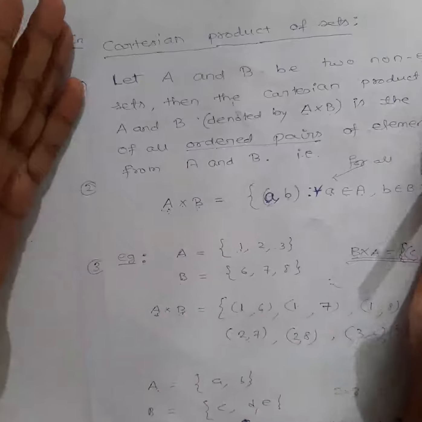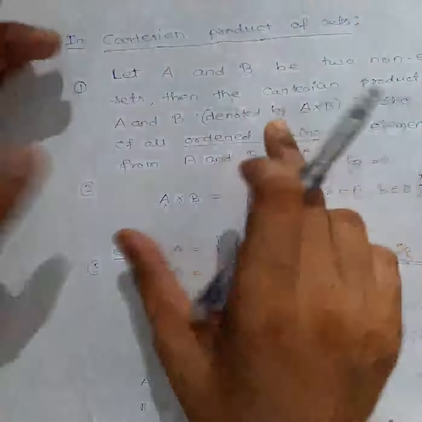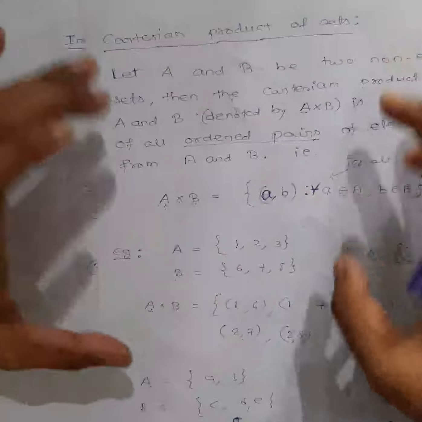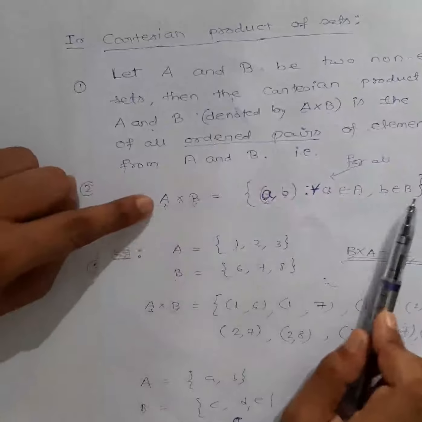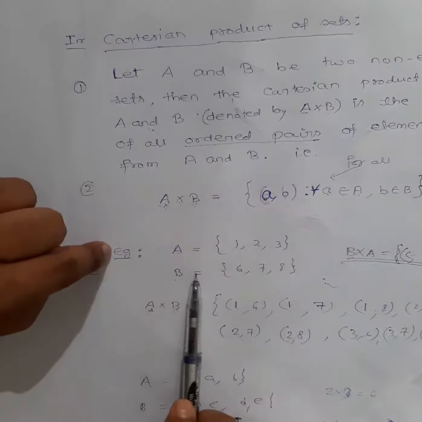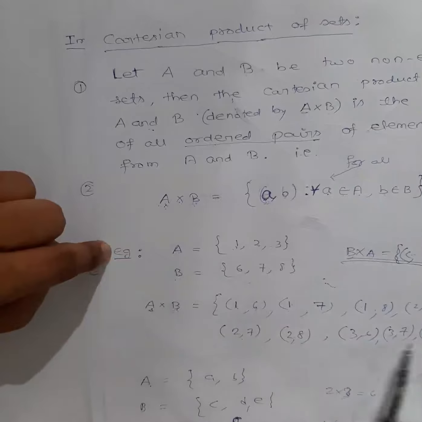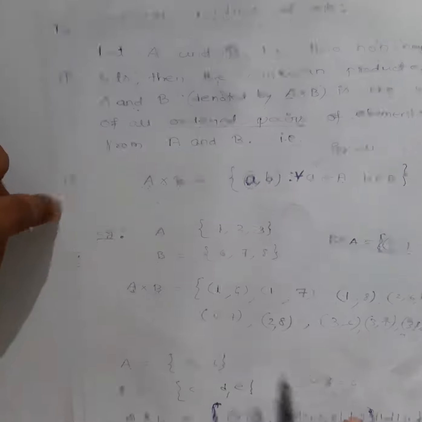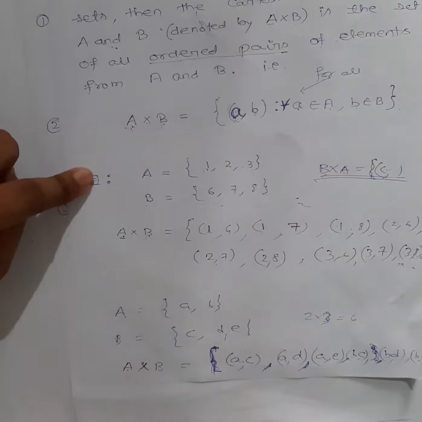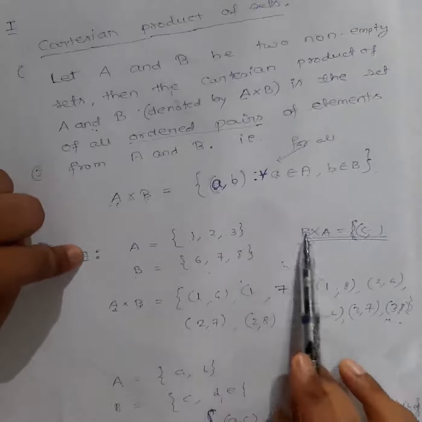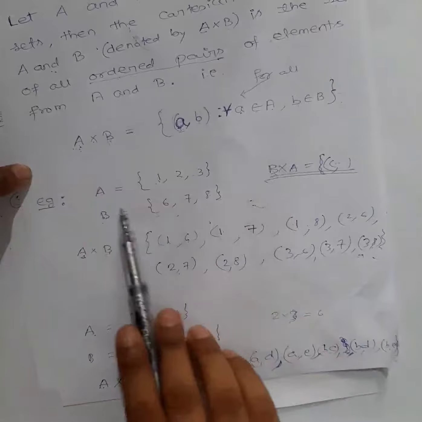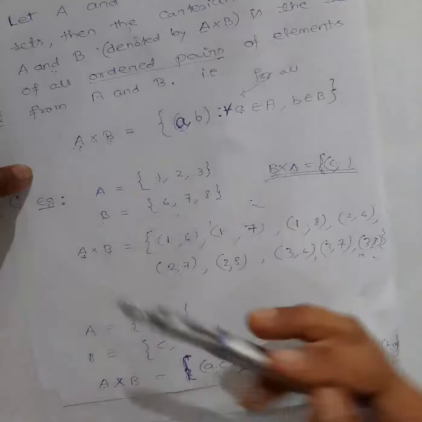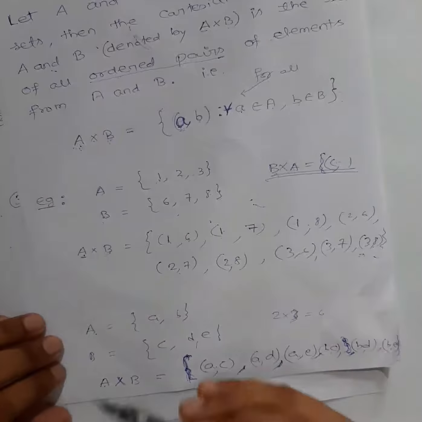So before I start the explanation, whatever you have seen on that page, you just write down that. Means you write down this definition in your notebook, and the example also you can write down, this one and this one, till here. And if you want, you can take this example also in your notebook. These things you need not write down. You just try to find out B cross A, you can write or not. Just see this. In your notebook you can try that.